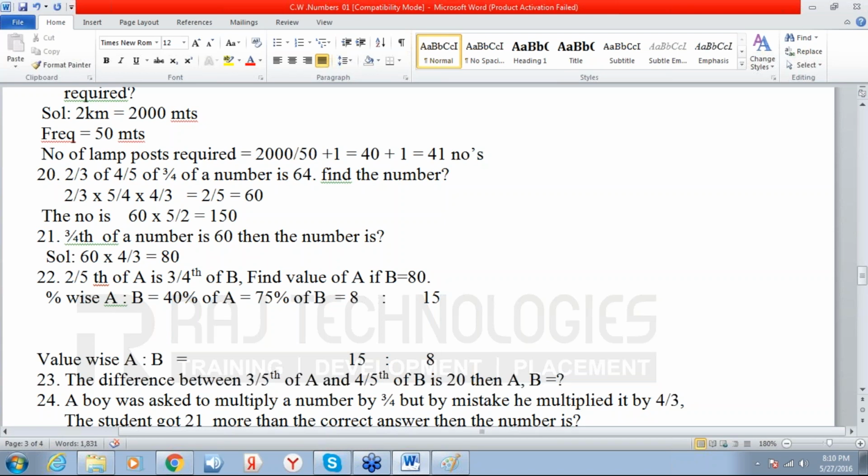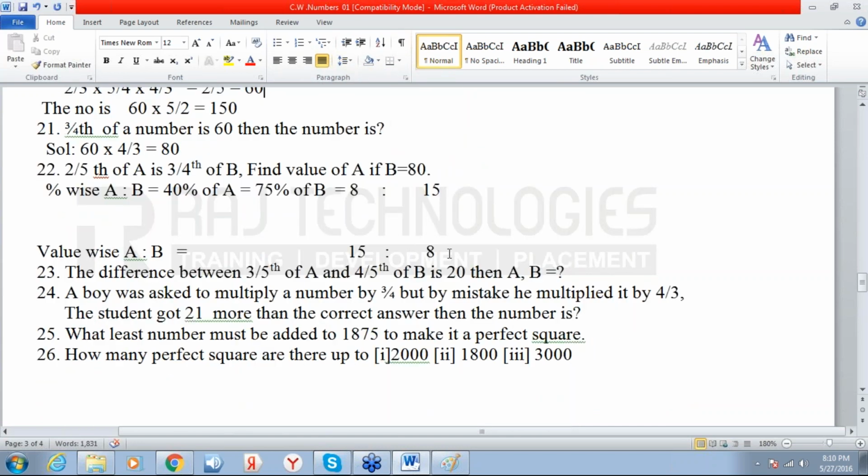If there are two or more numbers, they will be in their reciprocals. Even the same rule is applied in time and work and time and distance also.